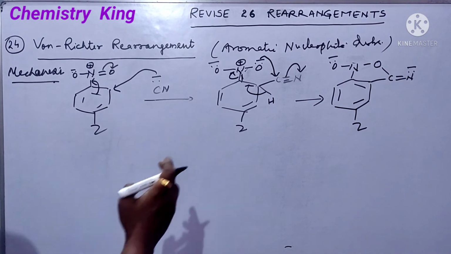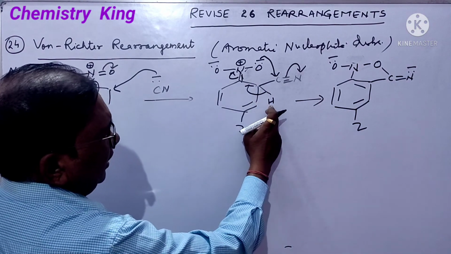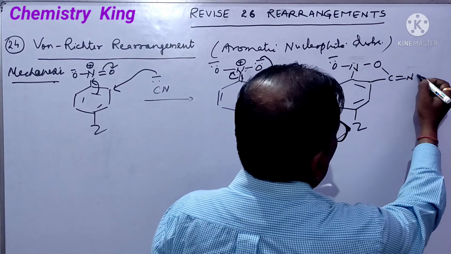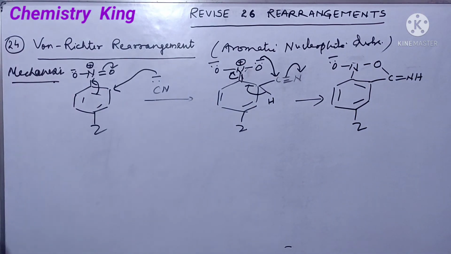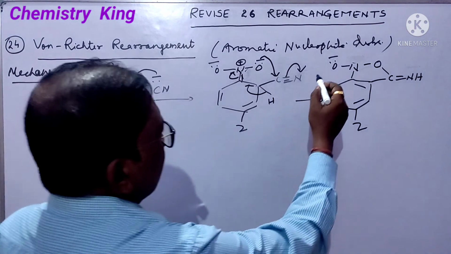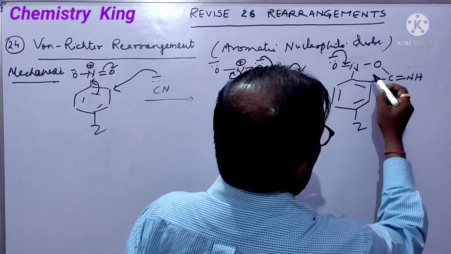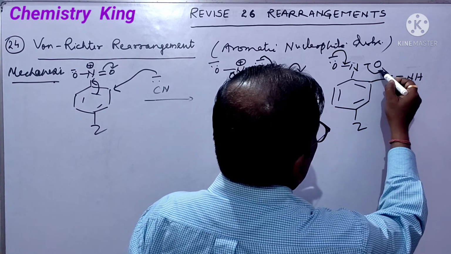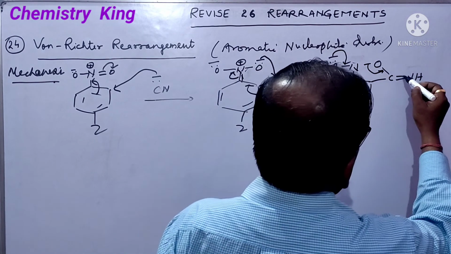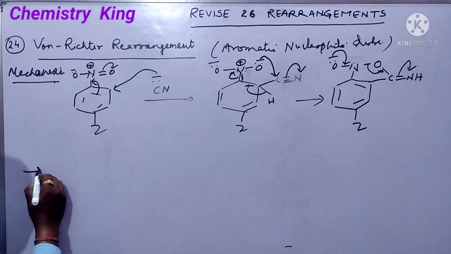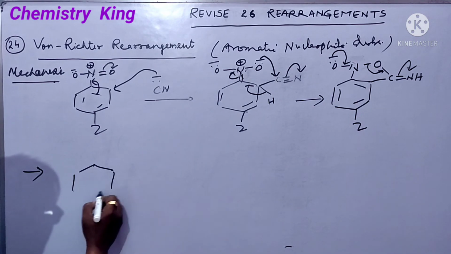Friends, when this bond will shift here, H plus will be liberated, and here it is minus charge, so hydrogen will come here. Okay. Now this electron, it will come here and it will come here. So situation is this, structure is this.